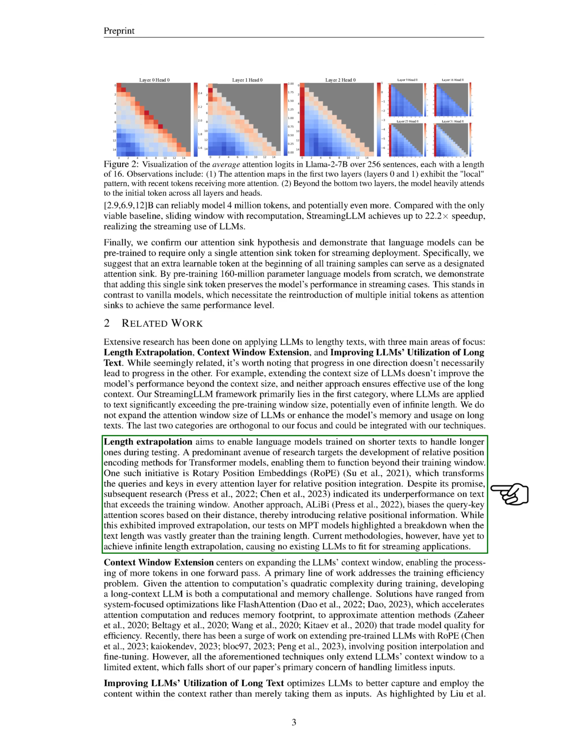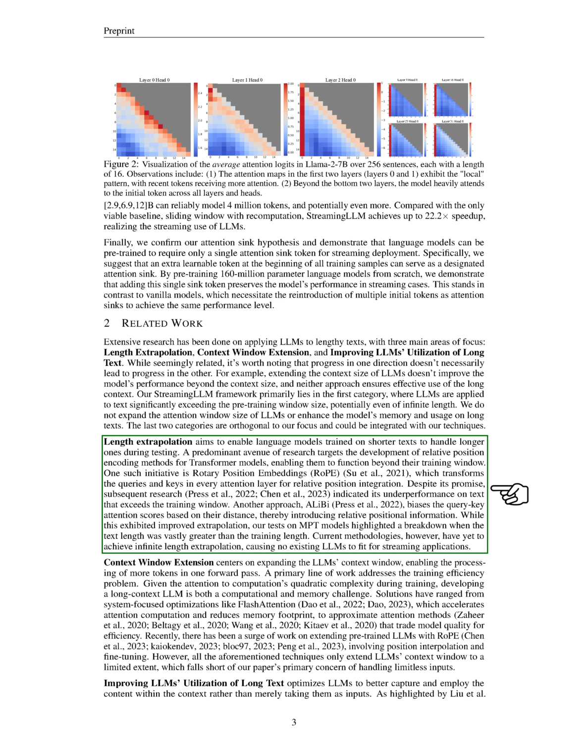Length extrapolation aims to enable language models trained on shorter texts to handle longer ones during testing. A predominant avenue of research targets the development of relative position encoding methods for transformer models, enabling them to function beyond their training window. One such initiative is rotary position embeddings, RoPE, which transforms the queries and keys in every attention layer for relative position integration.